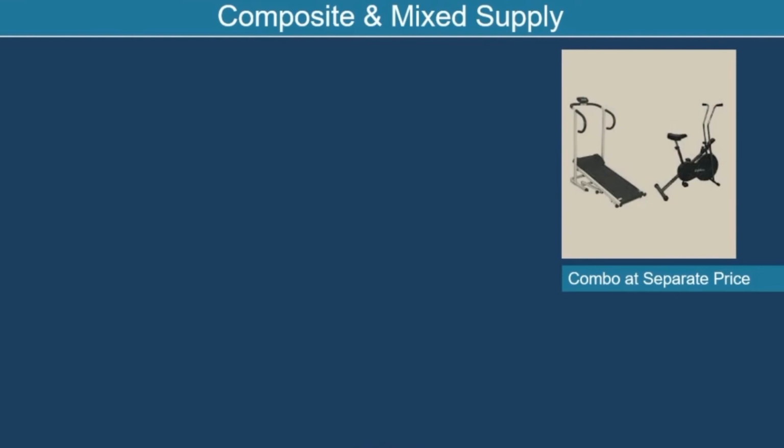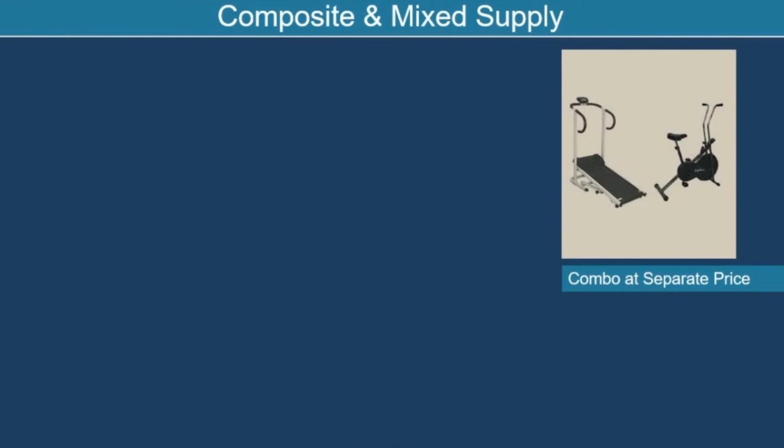So this combo of 2 equipment is provided. But in the invoice, the vendor is charging separately. For the treadmill the price is mentioned, and for the cycle a separate price is mentioned. That is not a single price. But still, they are providing it as a bundle in the scheme.